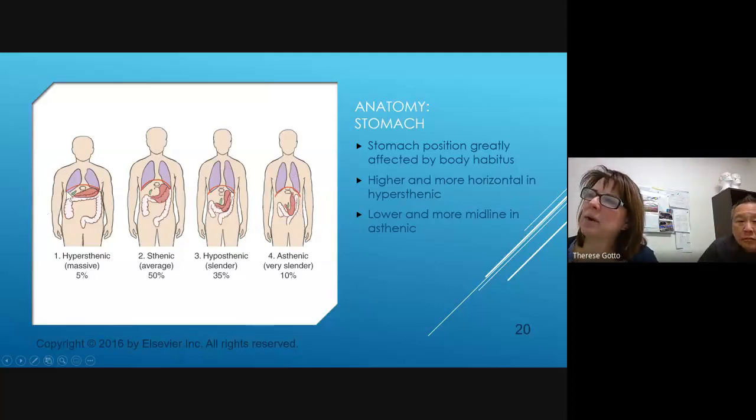Okay. Now I have a question for you. If you have a horizontal stomach versus vertical, and you need to see the structures of the stomach offset from this horizontal area, do you need to oblique your patient very little to see those other structures, or a lot if their stomach's horizontal?